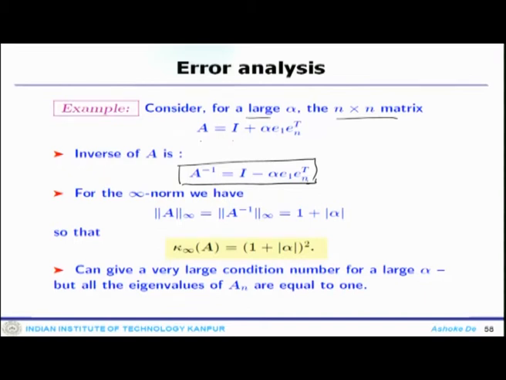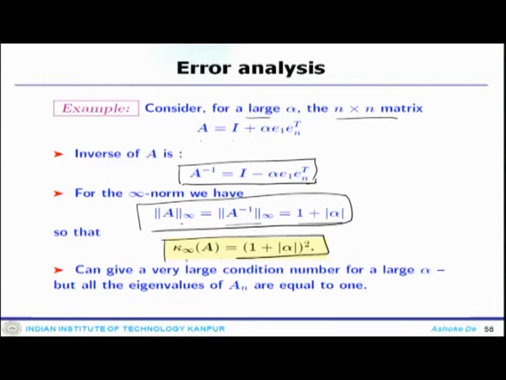For the infinity norm, we have the A infinity norm equal to the A inverse infinity norm, equal to 1 plus mod alpha. So, this leads to the condition number at the kappa infinity level, which is 1 plus mod alpha, the whole squared.